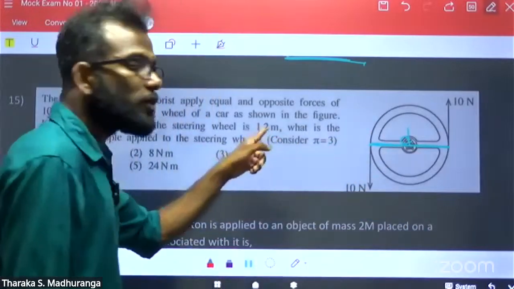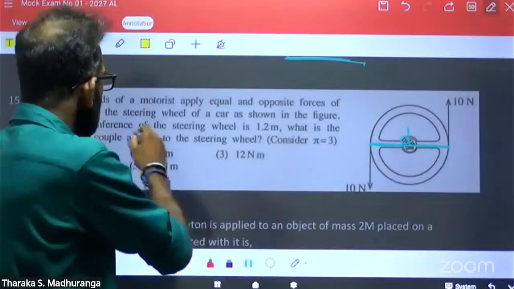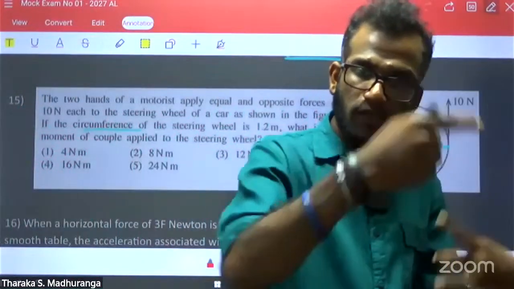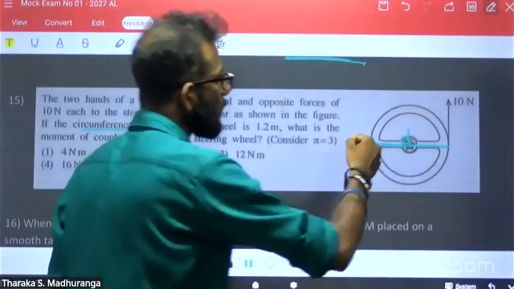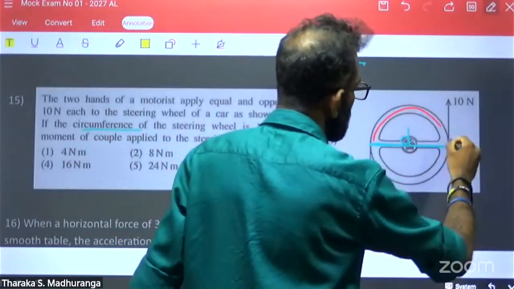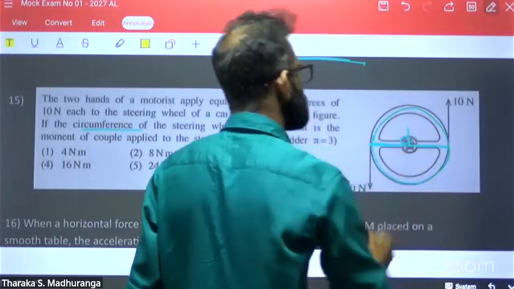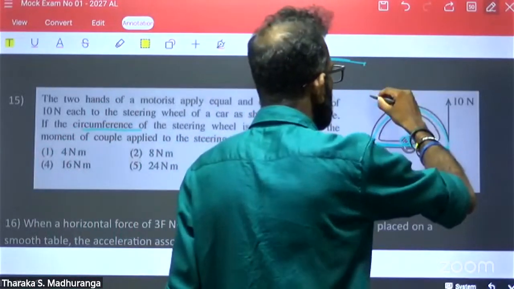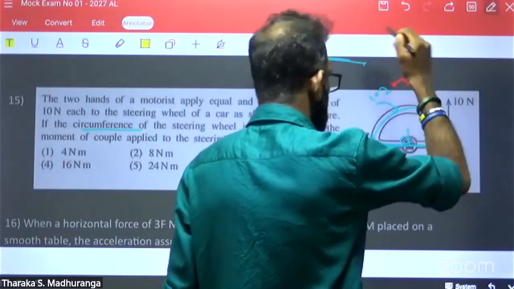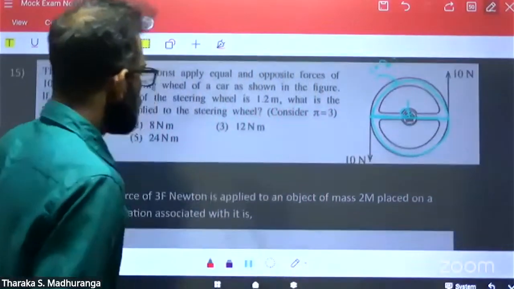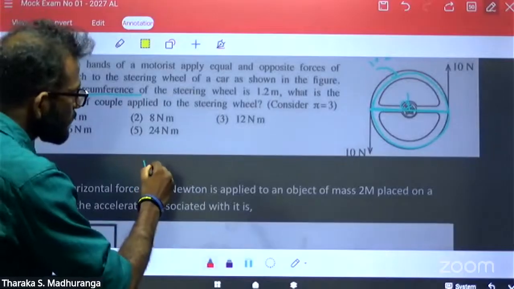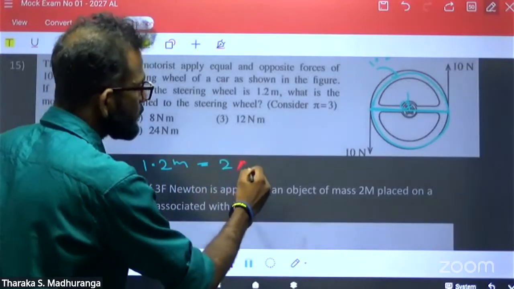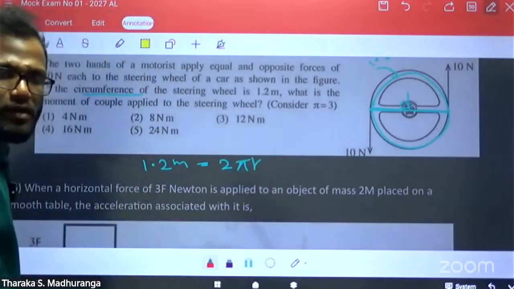Is it 1.2? No, 1.2 is the circumference. What is the circumference? The length of the round surrounding.